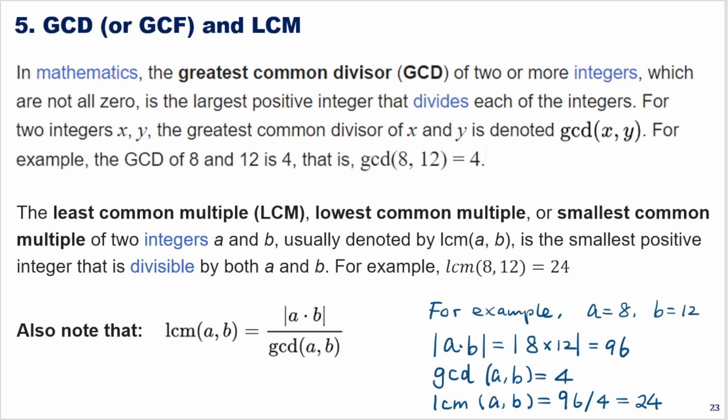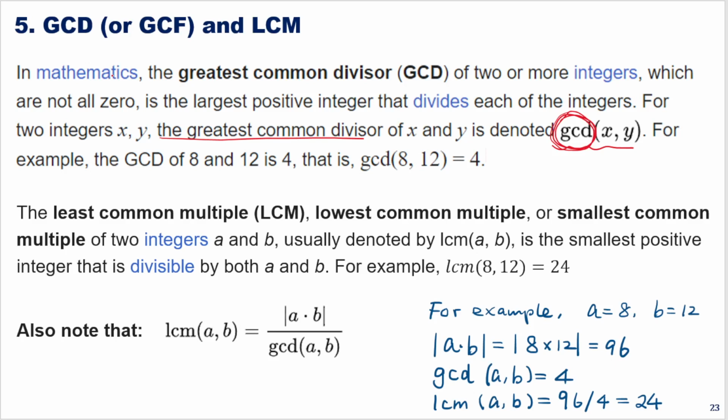For two integers x, y, the greatest common divisor of x and y is usually denoted as GCD(x, y). So you can consider this as a function of two variables x and y. For example, the GCD of 8 and 12 is 4, right?